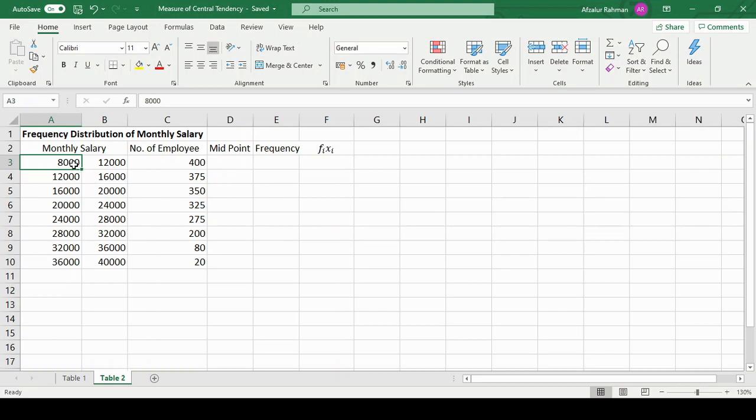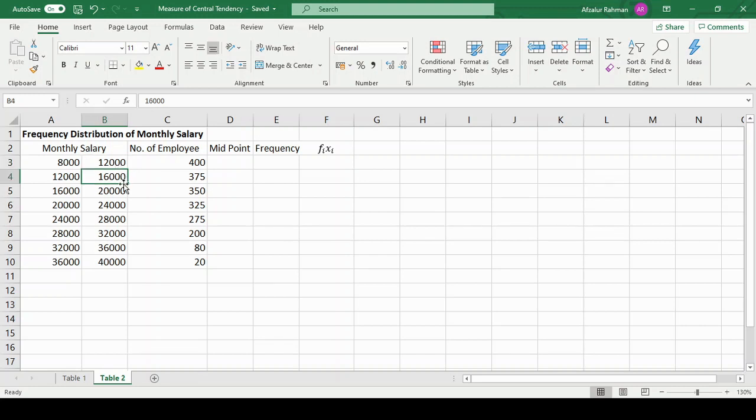It is not more than 8,000; exactly 8,000 we have started. So here also we will start from 12,000 only, so this must be less than 12,000. While you are calculating the frequency, you have to keep in mind that it started from 8,000, but the last is less than 12,000.